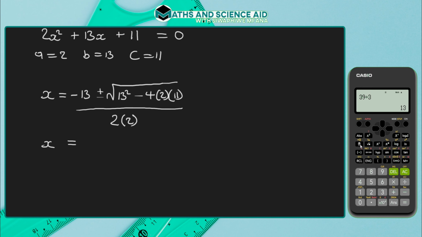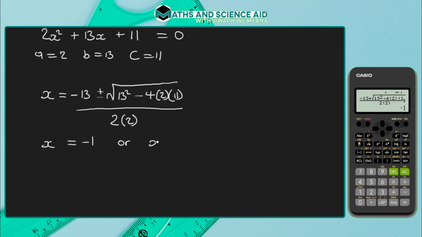So if we plug this into the calculator, we get minus 13. Then we can start with positive 13 squared minus 4 multiplied by 2 multiplied by 11 divided by 2 multiplied by 2. And so from this we get x is equal to negative 1.